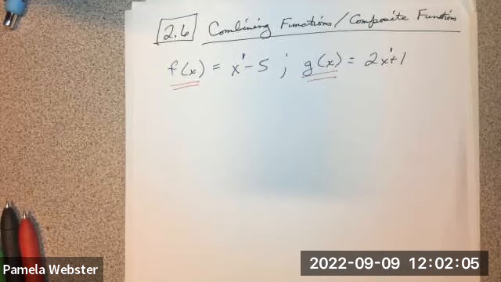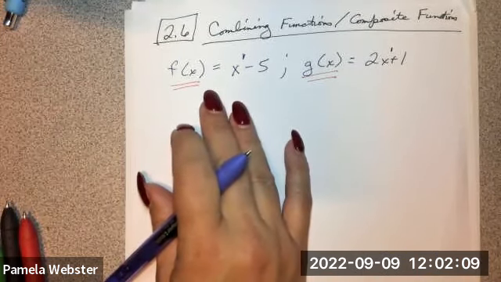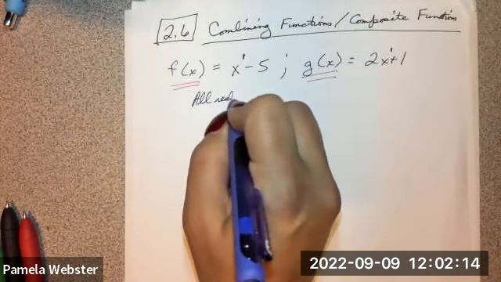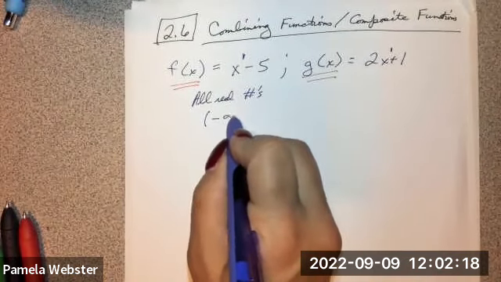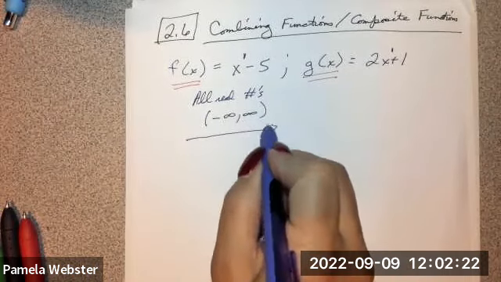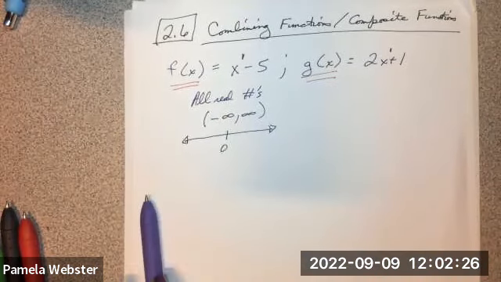So when I look at that, I say, oh, the domain for f of x is all real numbers, right? Or if you were doing interval notation, we would say it's negative infinity to positive infinity. Or if you were plotting that on a number line, I usually use 0 as my place.